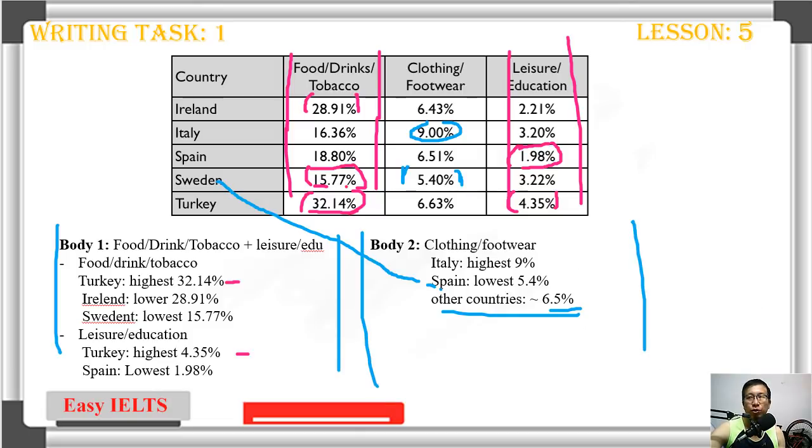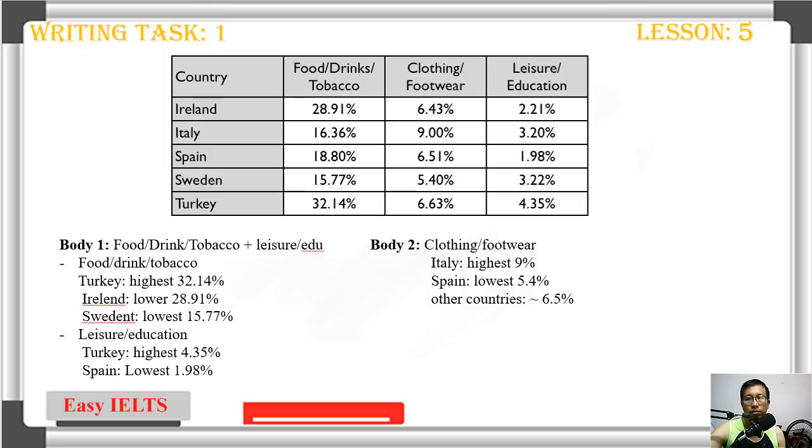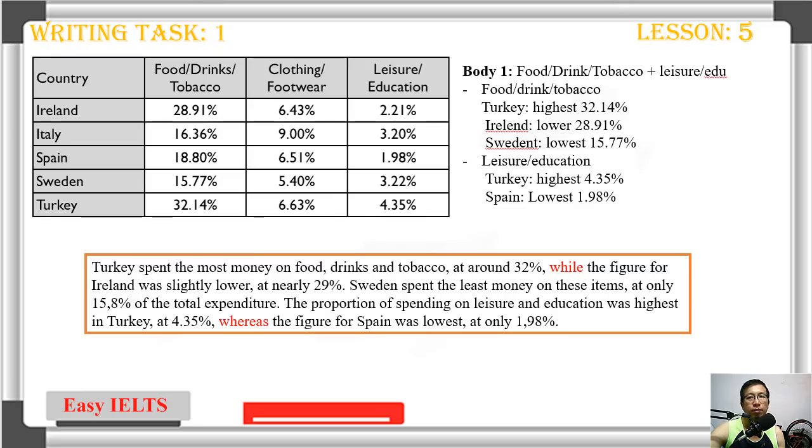So now we're going to write our body 1, body 2. Okay, so look at body 1. We're going to write about food, drink, tobacco, and leisure and education. To begin with, you can see this is our layout, the outline.